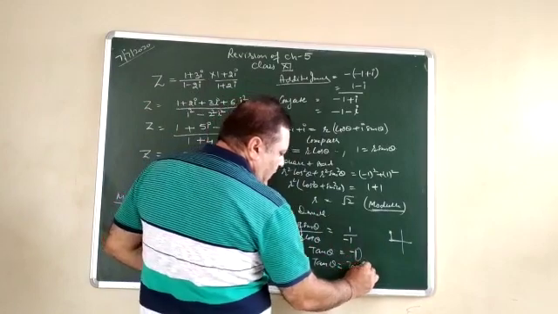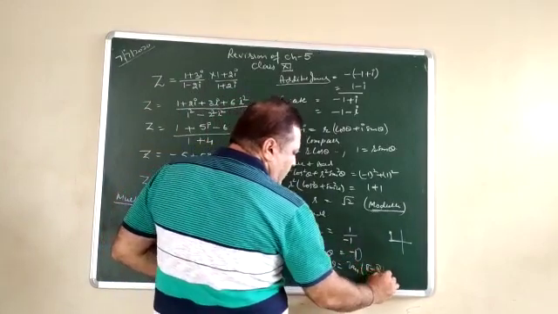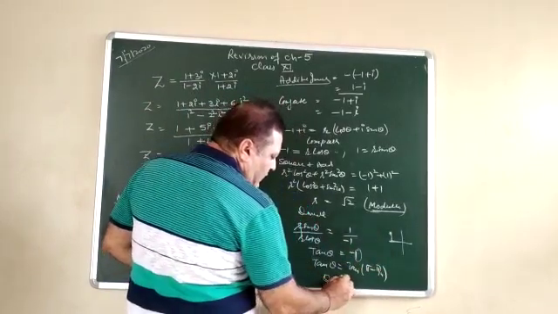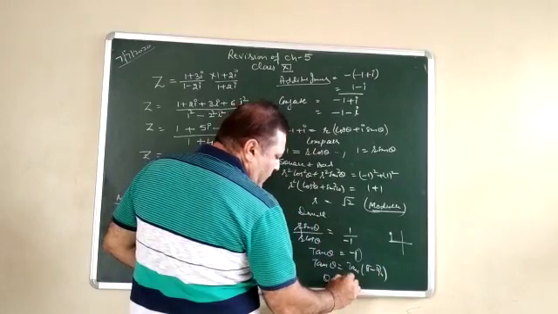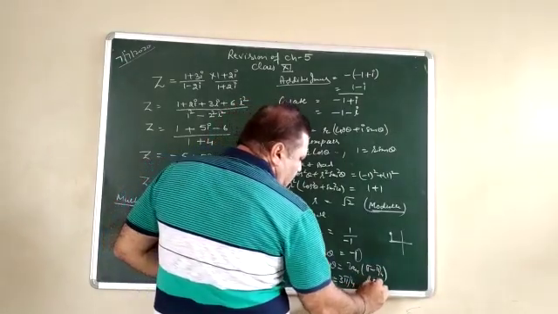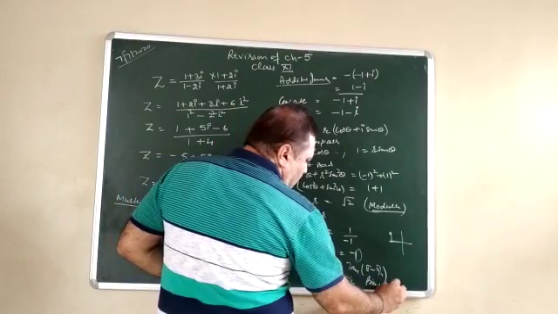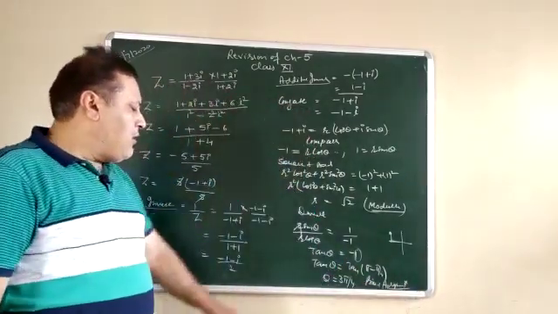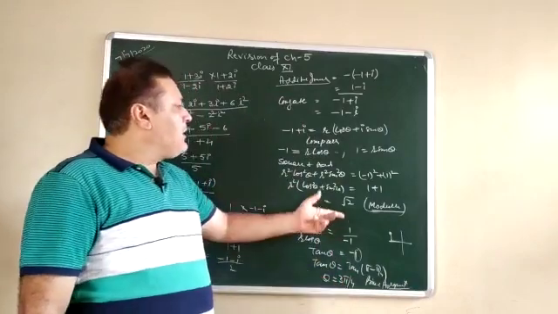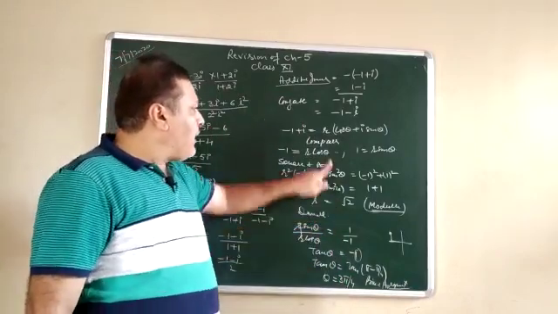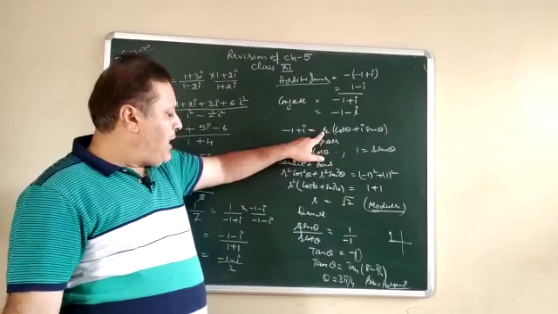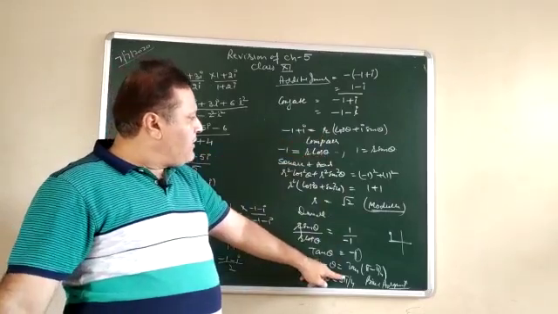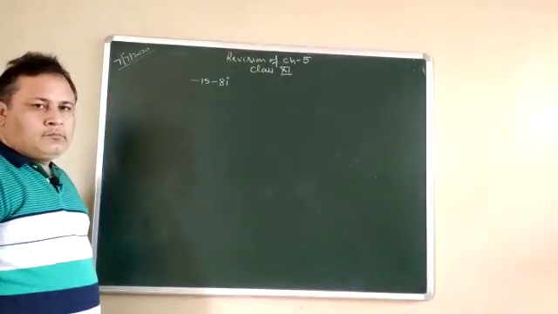For the second quadrant it is π - π/4, so θ is equal to 3π/4. This is called the principal argument. If you want to write the statement in polar form, replace r by √2 and θ by 3π/4.